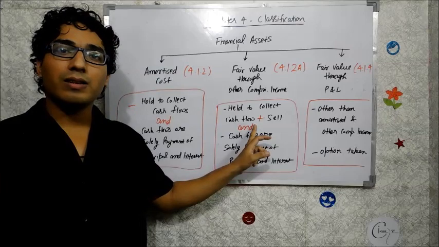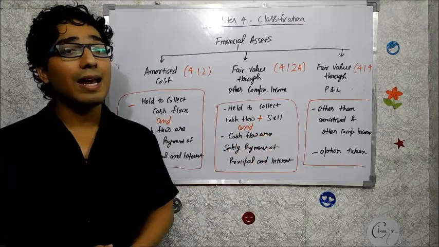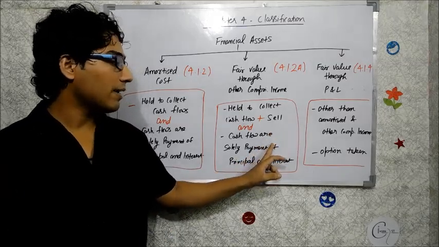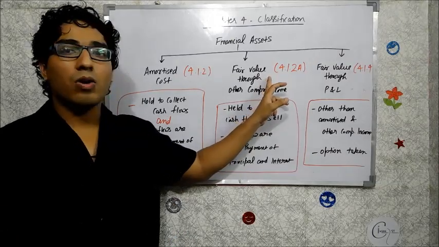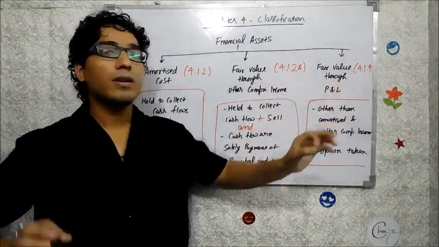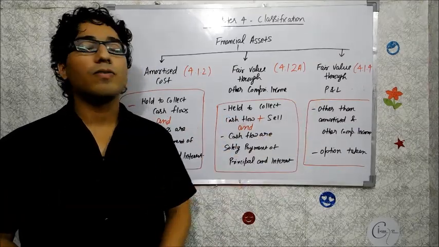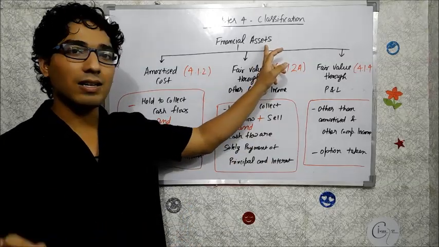If the financial asset is held for collecting contractual cash flows and to sell it, and cash flows are solely payments of principal and interest, then fair value through other comprehensive income. And if those two cases are not applicable, then fair value through profit and loss account. So that's how the classification of financial assets will work.